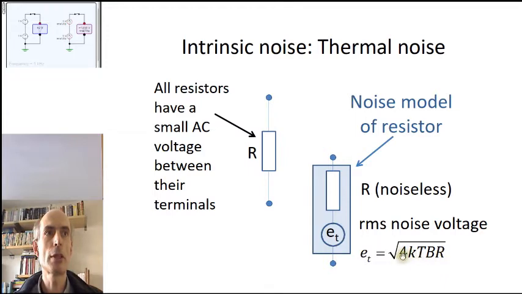Multiply those together, take the square root, that gives you the RMS noise voltage in volts RMS. If you want it in volts per root hertz, you just take the B out of this equation and have E equals the square root of 4kTR, and that's the noise voltage in volts per root hertz.